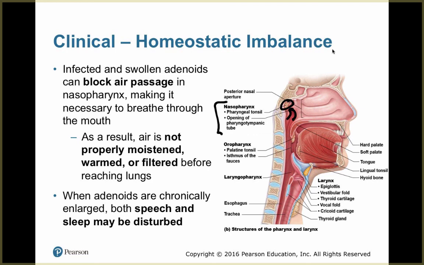Then a little bit farther down you have the oropharynx, and here you can see the palatine tonsil right here and the isthmus of the fauces, which is the opening to the back of the mouth.